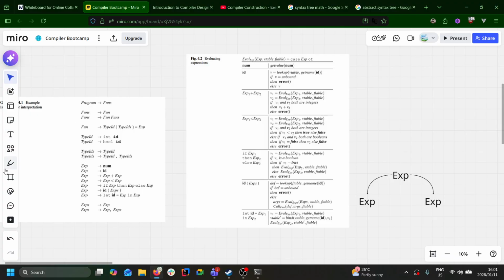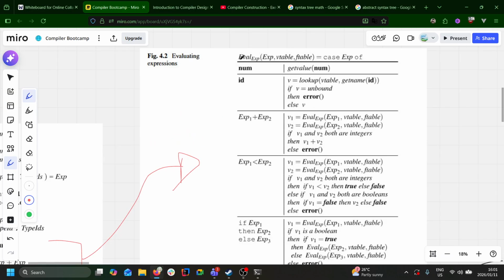So this over here is for this. For this, we make a whole table where we have eval. So we eval the expression. It takes in an expression and it takes in a v table. The v table, the variable table, contains the values.